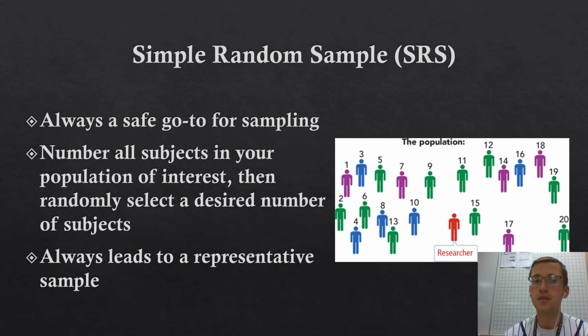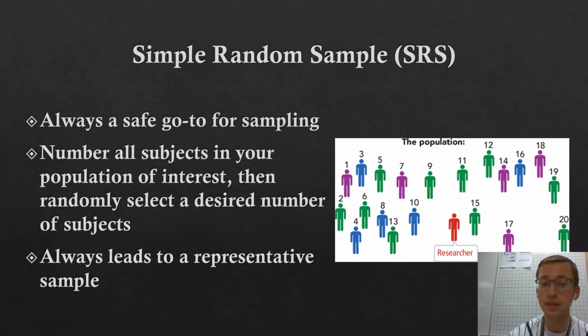So the first and most common type of sample that we have is called a simple random sample, and this is denoted with SRS, a very common abbreviation for this. And like I said, this is a safe go-to for sampling in general. So what we do in a simple random sample is we number all of our subjects within our population of interest, then randomly select a desired number of subjects.